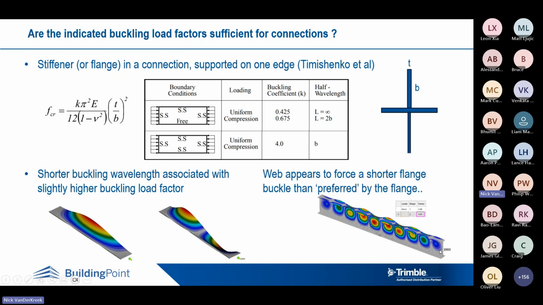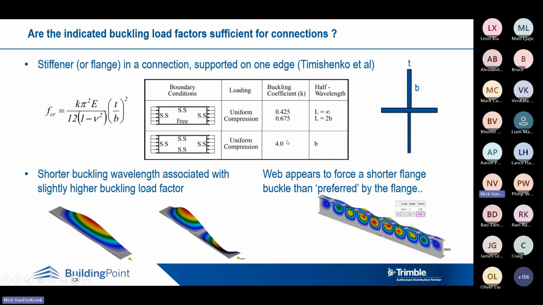If it is uniform compression, this is a bending situation by the look of it. But if we have uniform compression, the buckling coefficient K for this expression is quite a bit higher, but the b on t ratio is generally quite high, and this is the inverse, so a very low contributor to this expression.